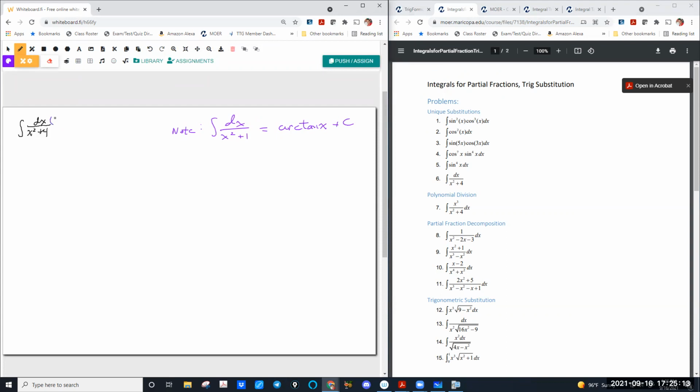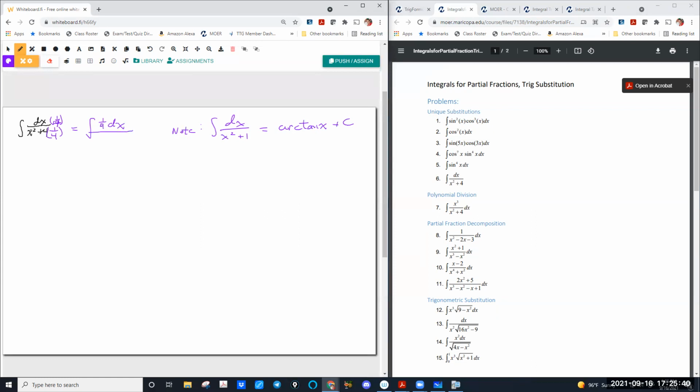I'm going to multiply the top and the bottom by 1/4 because that's going to get me that 1 where I need a 1. And multiplying by 1/4 over 1/4 does not change what we have. So what does this look like? Well, I've got 1/4 dx.